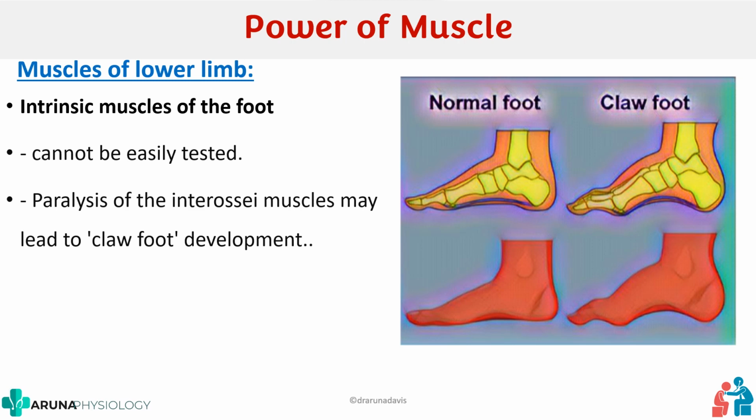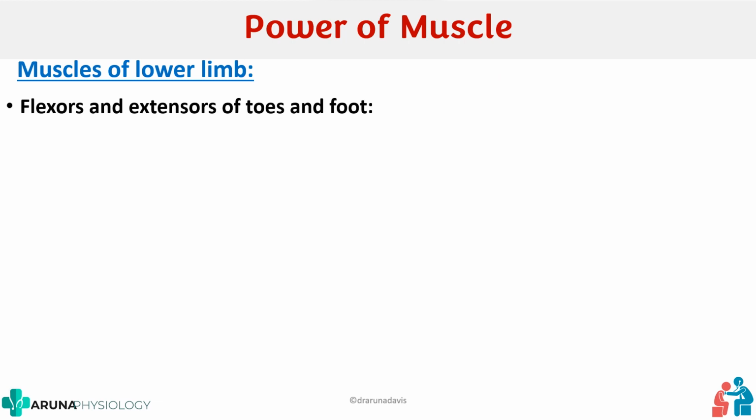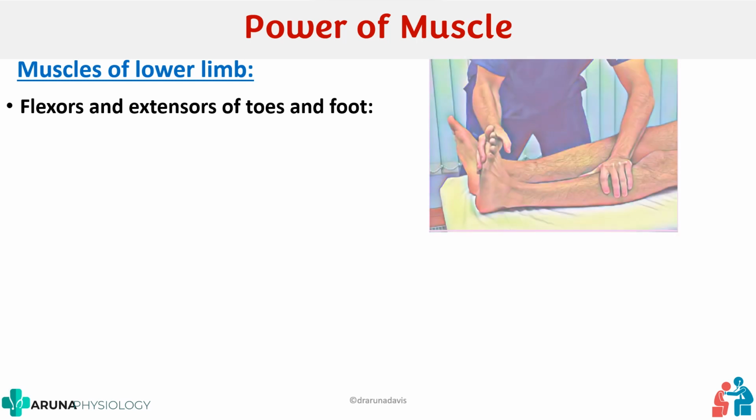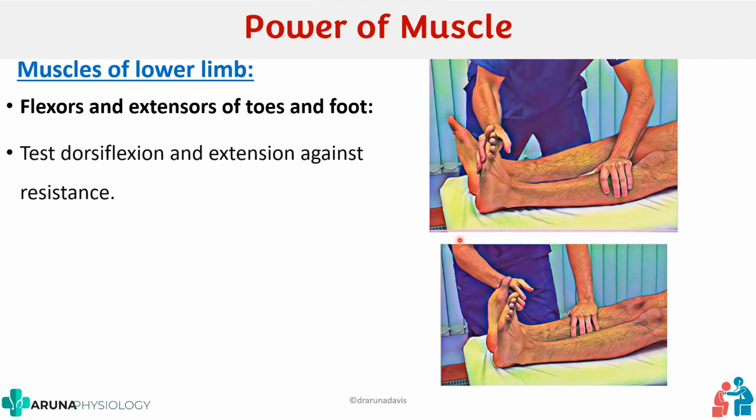The next group of muscles are the flexors and extensors of the toe and foot. To do this test, you can ask the subject to dorsiflex or extend against resistance. In this picture, in the first case, the person is trying to do a plantar flexion against the resistance applied by the examiner.